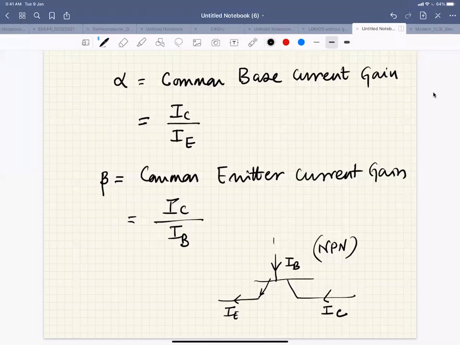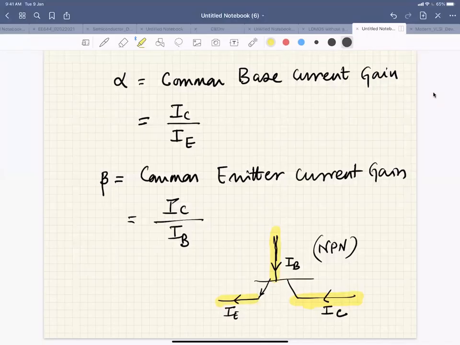This is your control terminal, so you do not want your IB to be very high, because your control part should not dissipate a lot of power. Your IB should be very low, and the output current should be constant, basically IC should be equal to IE.